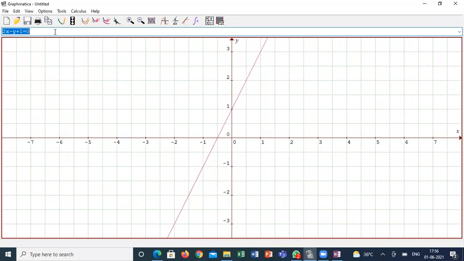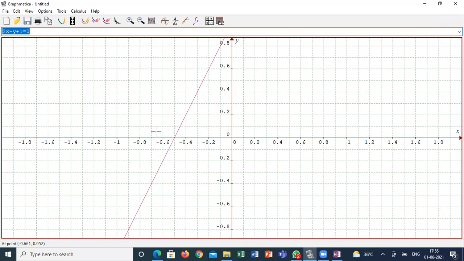What are the coordinates you got? See, you already got 0 comma 1. Wherever the cursor I am keeping, that is the point 0 comma 1. And this is the point minus 1 by 2 comma 0.